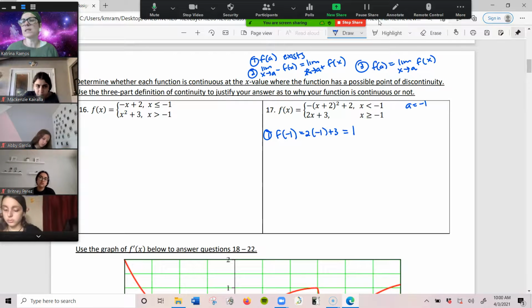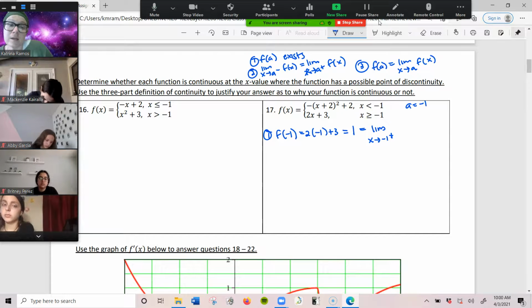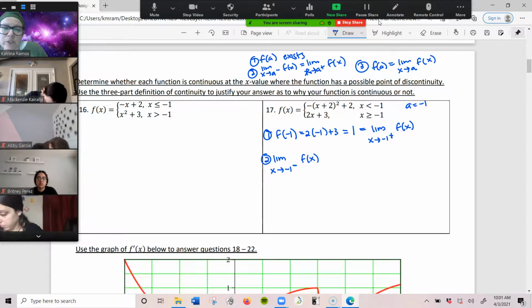Now we need the limit from the left and check if it equals the limit from the right. The defined value is also equal to the limit as x is approaching -1 from the right of f of x, since this is for when x is greater than -1. So what we're looking for now is the limit as x is approaching -1 from the left, which is where we plug it into the top equation.